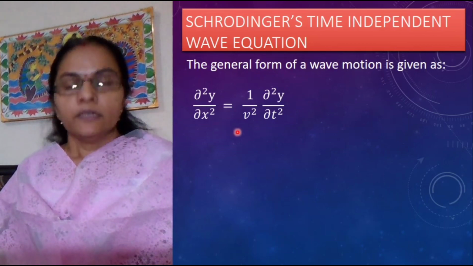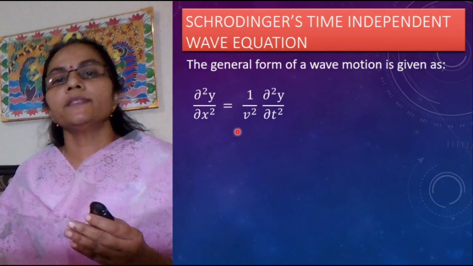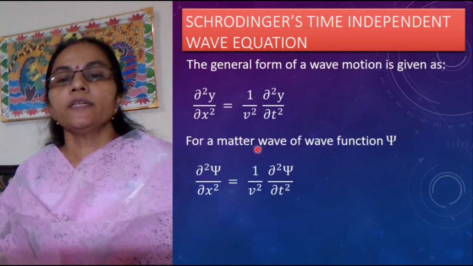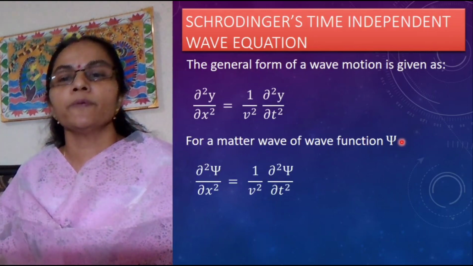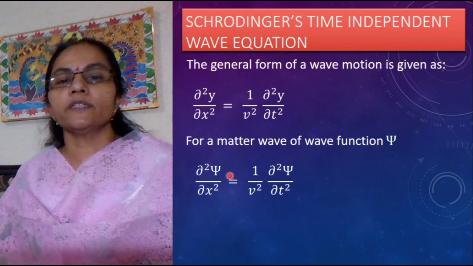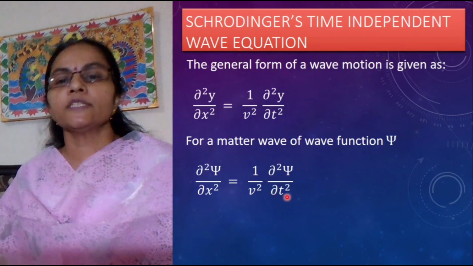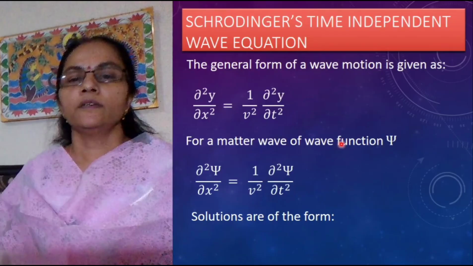As Schrodinger said that the de Broglie wave resembles the classical wave, he just put the wave function which describes the matter wave into this equation and wrote the equation for a matter wave as del square psi by del x square is equal to 1 by v square into del square psi by del t square, where psi is nothing but the wave function of the matter wave.